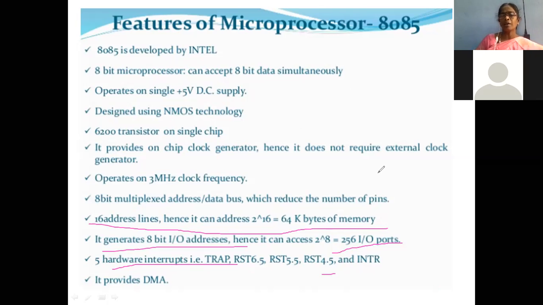When the microprocessor is connected with a slow peripheral device, the entire execution time of the microprocessor would be wasted transferring data to it. In order to save that time, we go for direct memory access.